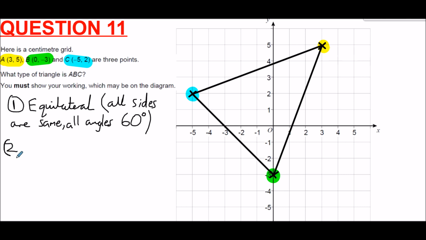The second option is it could be isosceles. An isosceles triangle has 2 sides which are the same and 2 base angles which are the same.